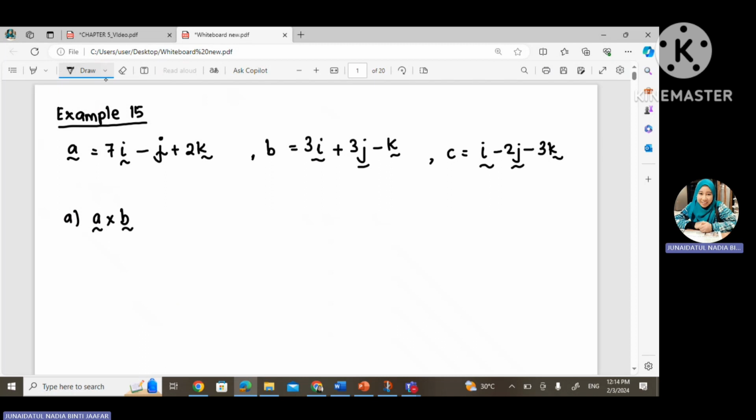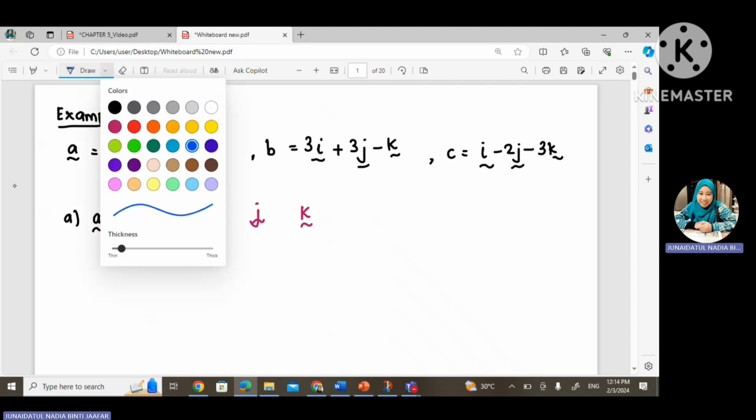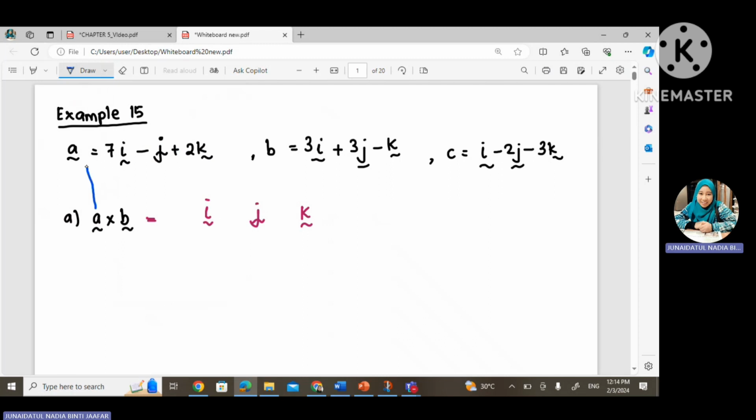So for the first question, we must find A cross B. We write A cross B in the form of a matrix. For the first column we have i, second column j, and third column k. First, we substitute the values of vector A: 7 for i, negative 1 for column j, and 2 for column k.